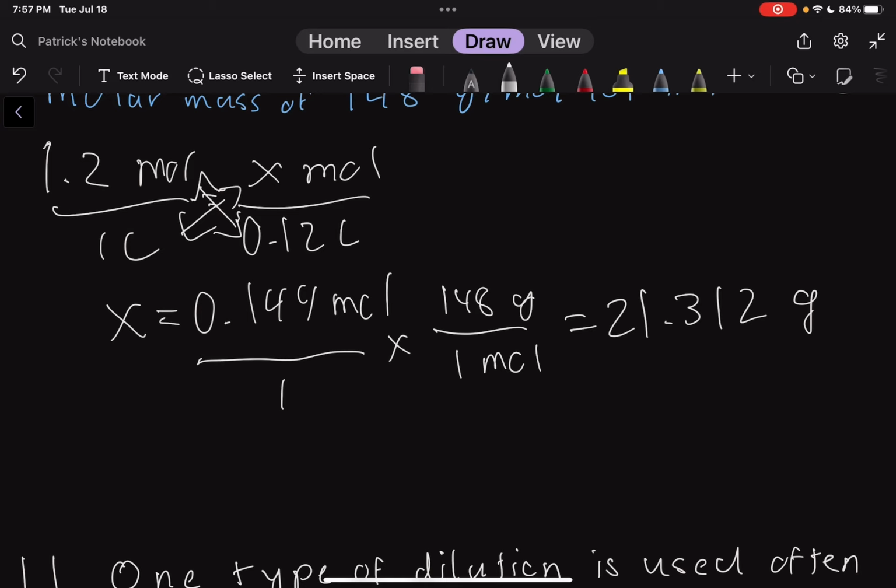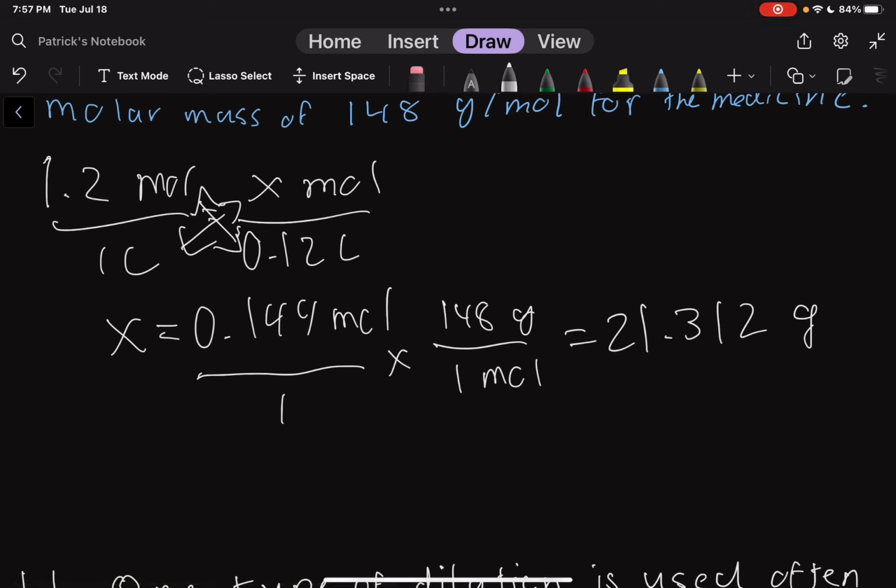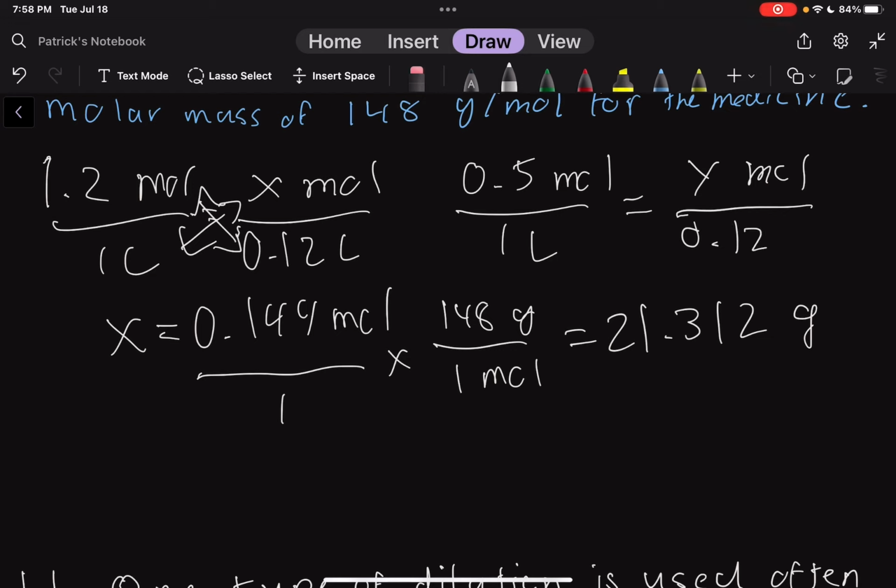Again, we have to find the initial amount. We use our ratio method again. Initial molarity is 0.5 moles over 1 liter equals y moles over 0.12 liters.